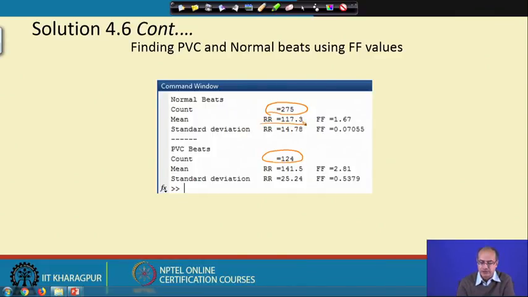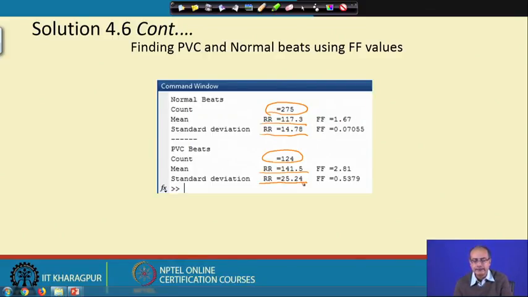For the normal beats, it is 117.3, whereas the mean RR value for PVC is 141.5. So, the RR interval is much bigger for PVC. The standard deviation for the normal cycles is 14.78, and the standard deviation for the RR of the PVC cycles is 25.24. So, the standard deviation is also increased.